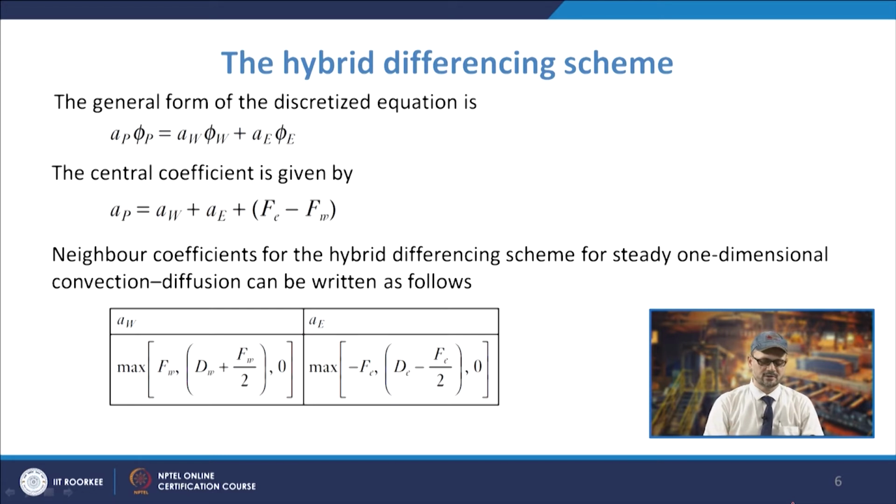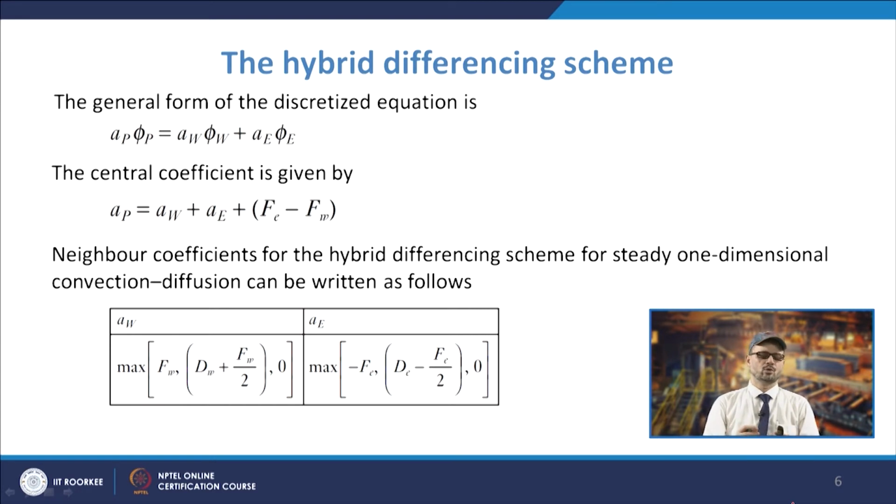This hybrid differencing scheme uses a piecewise formula based on the local Peclet number. The local Peclet number is computed, and based on that the piecewise formula is used for finding the net flux through that control volume face.